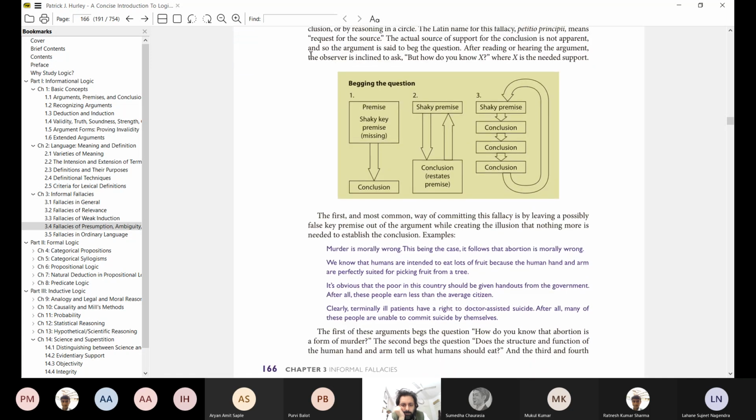Take a look at the examples at the bottom of the page and think about, as you look at them, what the X is that requires the needed support. So what I'd like you to do is just take a look at that, and I'm just going to step away for 1 second and come back.